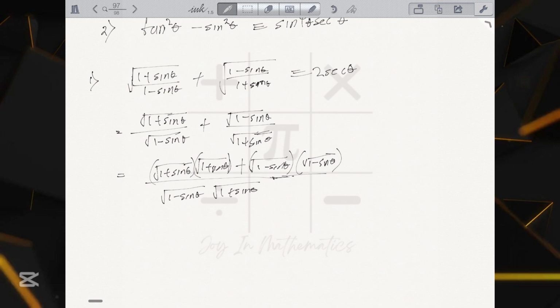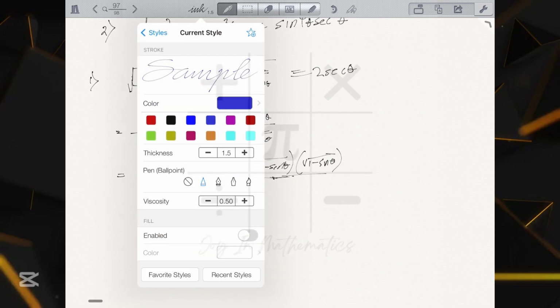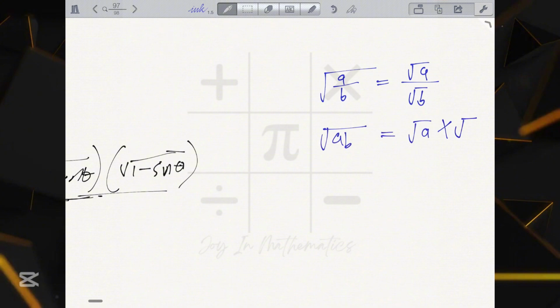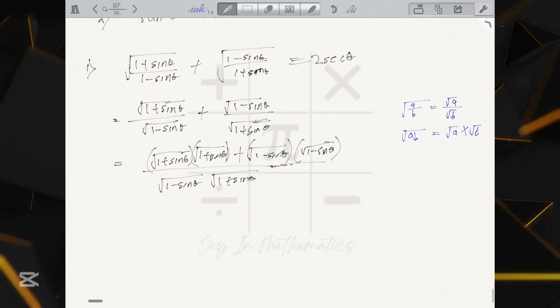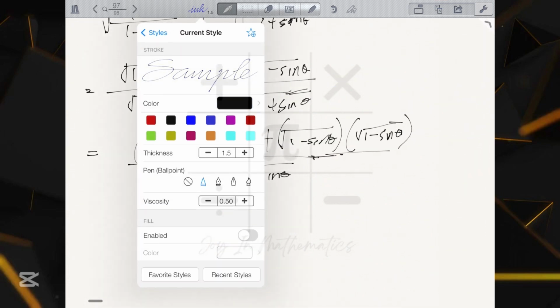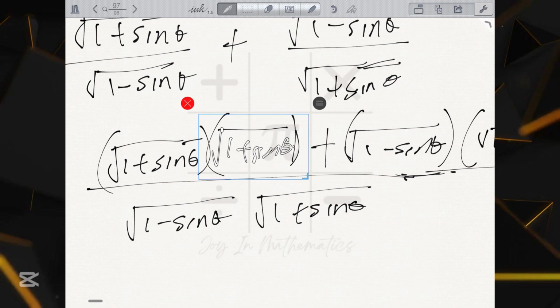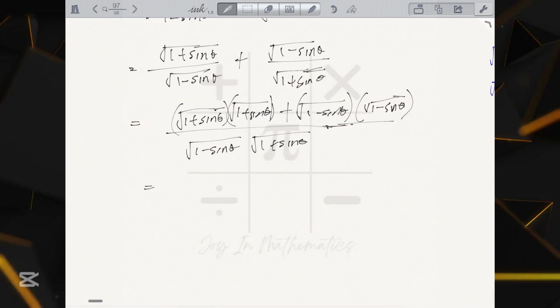Now let's continue. Remember, we are applying the rule of surds. The rule says that the square root of a over b is root a divided by root b, and the square root of ab is equal to root a multiplied by root b. If I apply this, we will have 1 plus sine theta multiplied by 1 plus sine theta, everything inside the square root, which is the square root of (1 plus sine theta) squared.